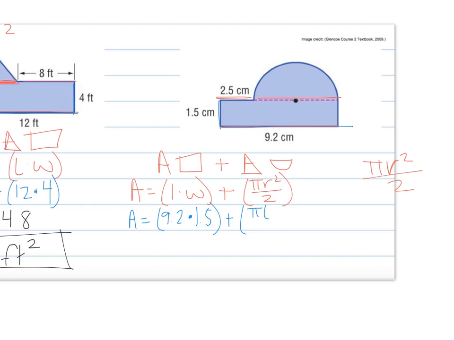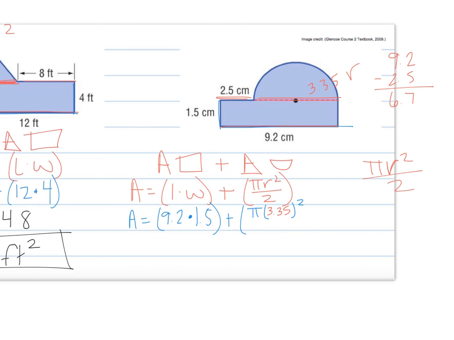From here to here is 9.2. So what we do is say 9.2 minus that 2.5, and we get 6 7/10 is the length from here to here. Well, that would mean that that's our diameter. Half of that is our radius. So half of 6 7/10 is 3 35/100. That's our radius. So that goes right in there.